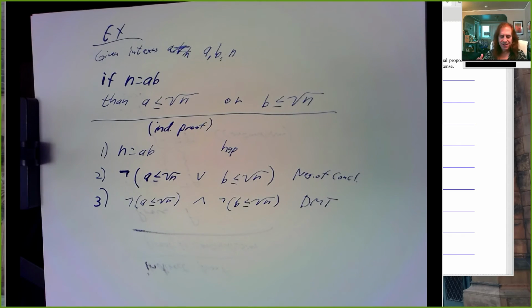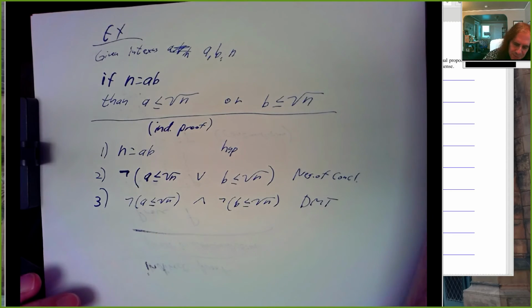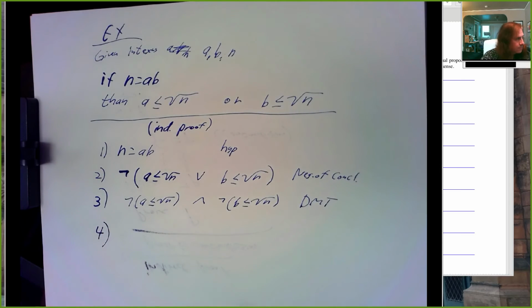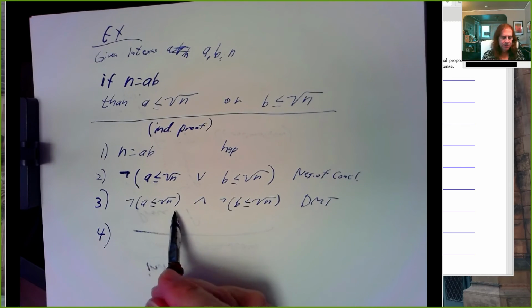The negation of a is less than or equal to square root of n is what? What's the negation of this?